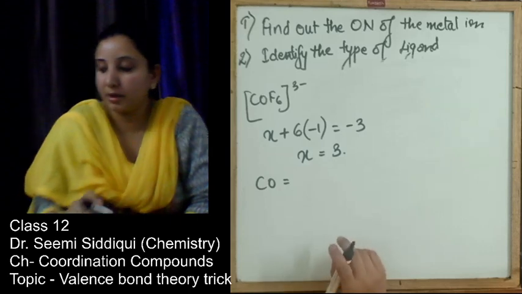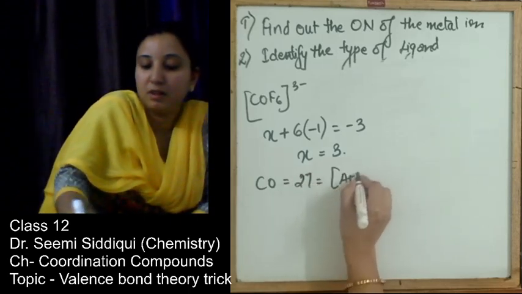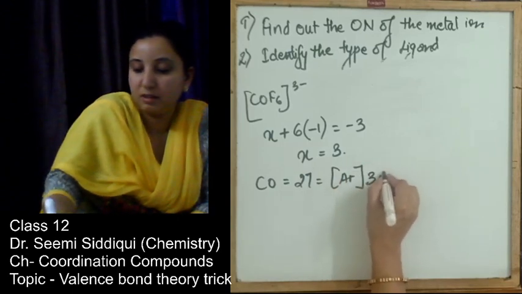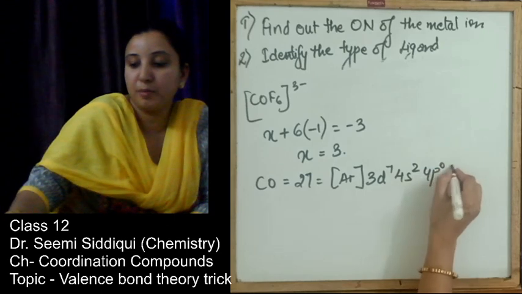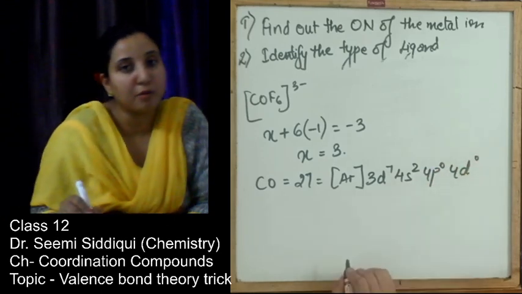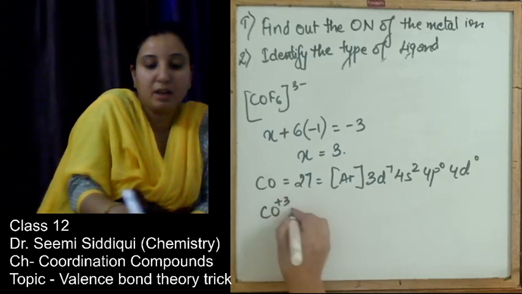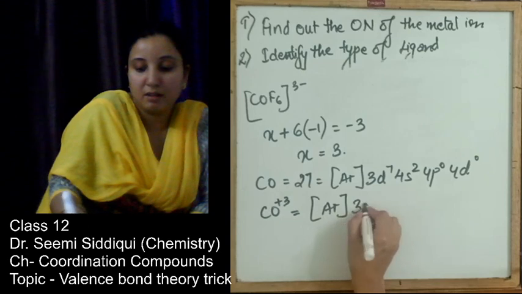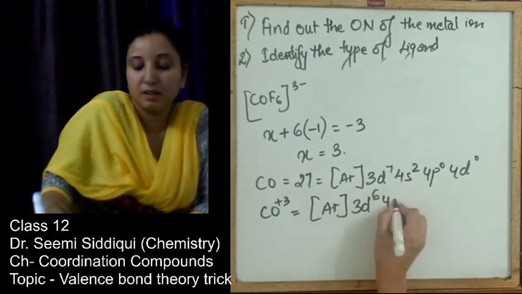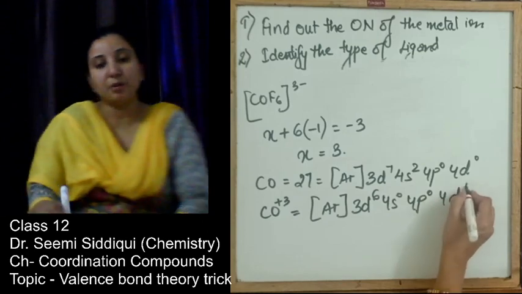Its atomic number is 27, therefore argon 3d7, 4s2, 4p0, 4d0. But when its oxidation number is plus 3, it will be argon 3d6, 4s0, 4p0 and 4d0.